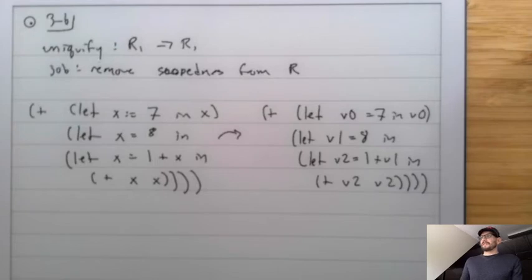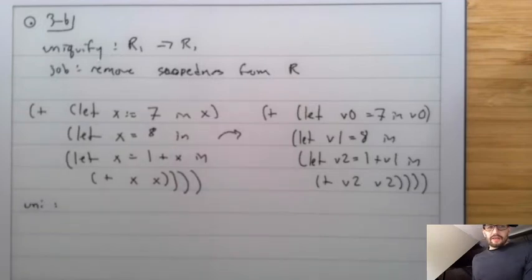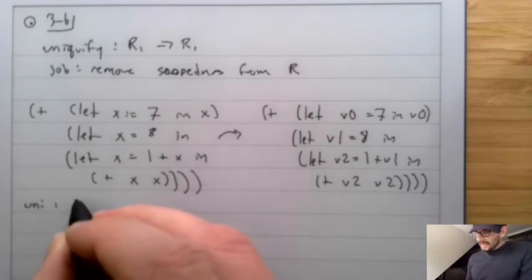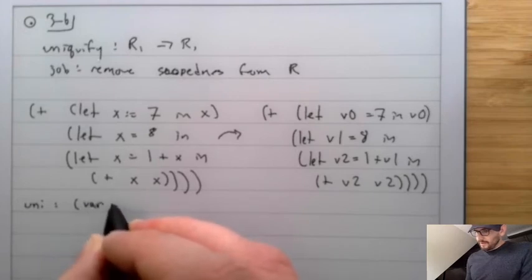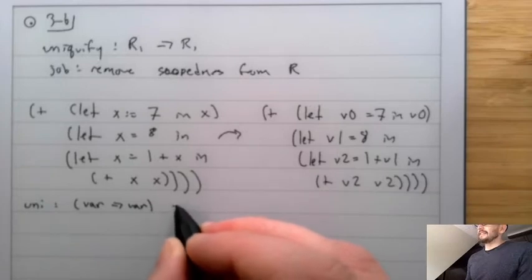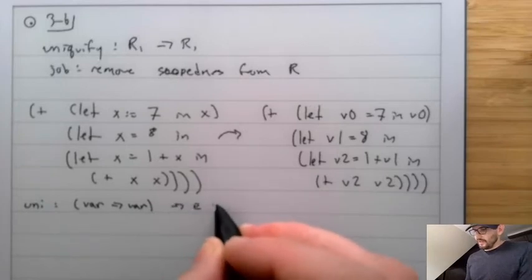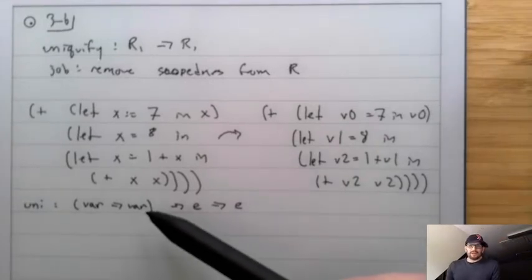All right? The way that uniquify works, we'll call it uni. Uni is going to be a function that takes a mapping from an old name of a variable to a new name of a variable, and it takes the expression, and then it returns a new expression. We call this mapping rho.